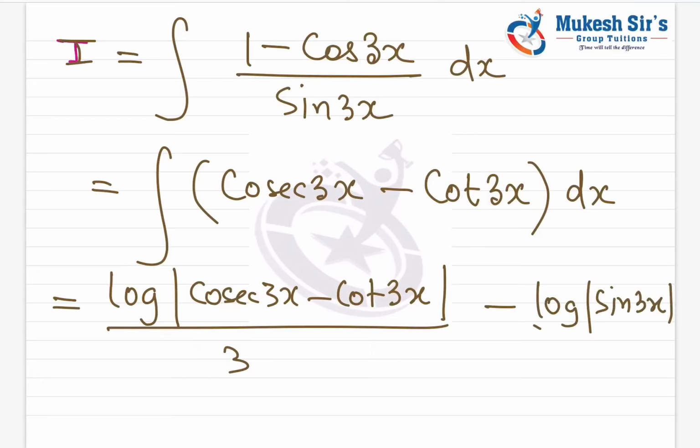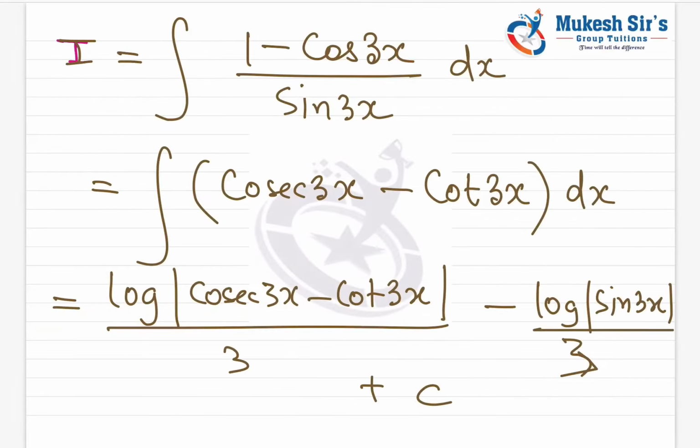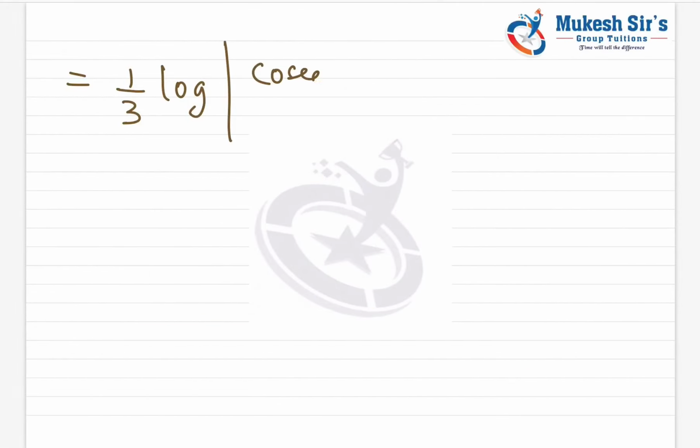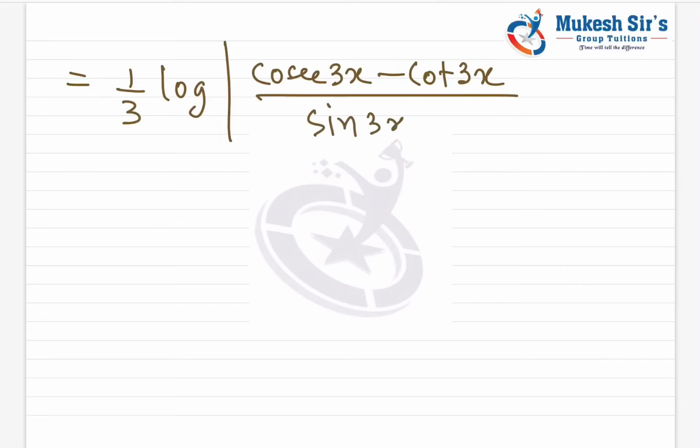So here also divide by 3, upon 3 plus c. Right? And here taking 1/3 common, you can use log a minus log b. Log a minus log b is log of mod of cosec 3x minus cot 3x the whole upon sin 3x plus c.